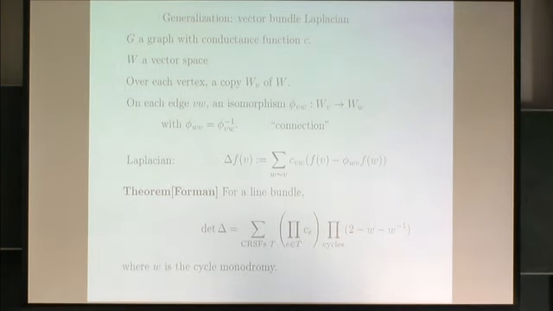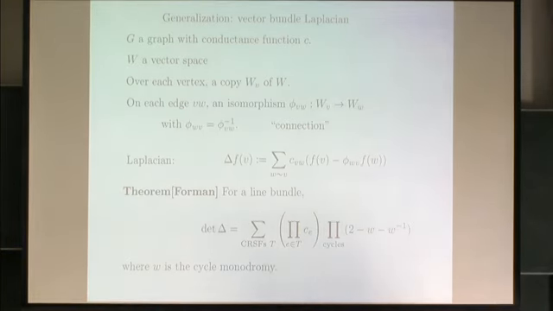Okay, so there are many different ways to generalize that theorem. Recently, Forman gave a nice generalization which adds some geometry to the setting. What we're going to define is a so-called vector bundle Laplacian. So it's no longer going to be a Laplacian on functions on the graph, but on sections of a certain bundle on the graph.